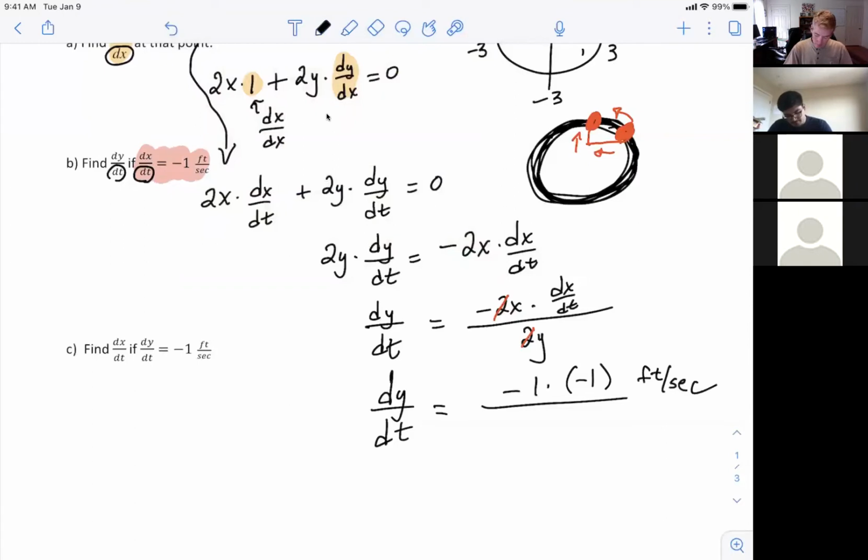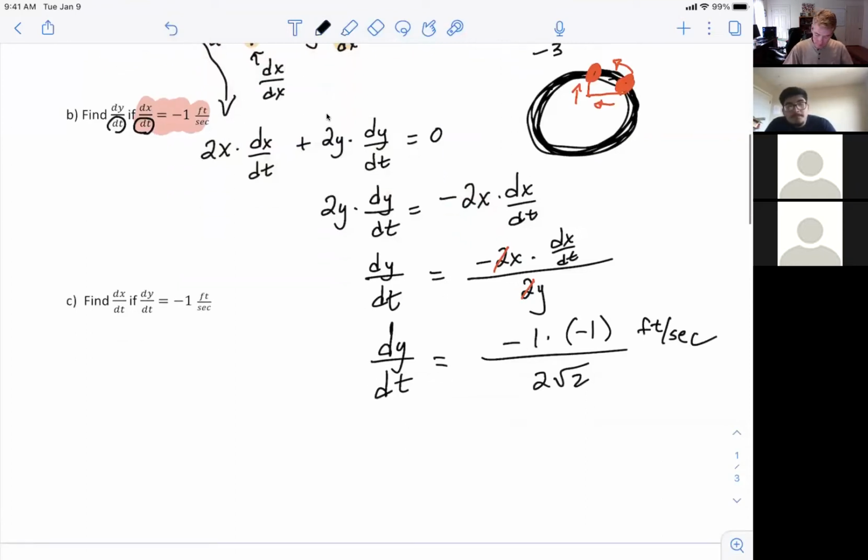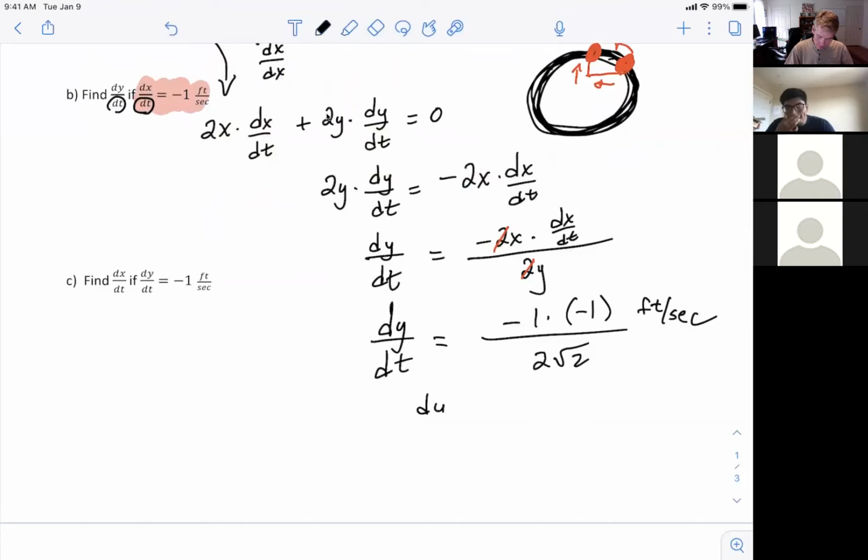And then on the bottom, it's going to be 2 radical 2 for the y value that was given at the beginning of the problem. So dy/dt would be a positive 1 over 2 radical 2.